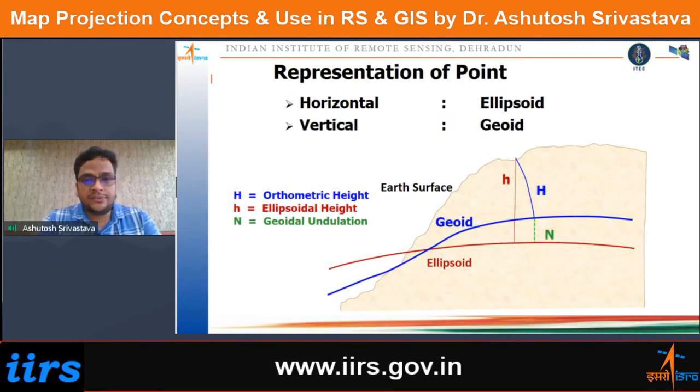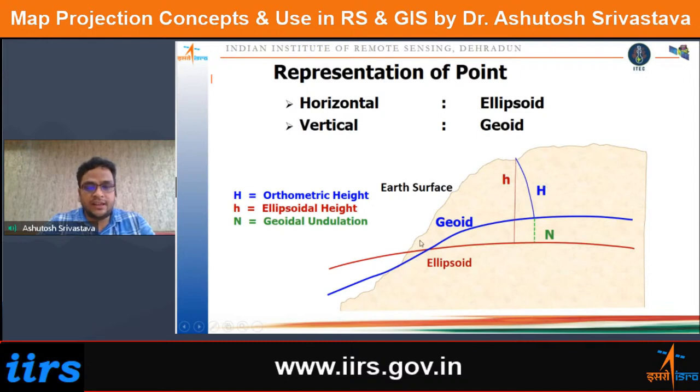So how do we represent a point? Suppose here is one point in blue. Horizontally we generally consider the ellipsoid, and vertically we take the reference from the geoid or mean sea level. If you see, small h is the vertical height of the point, the distance or height from this ellipsoid, in a straight line.